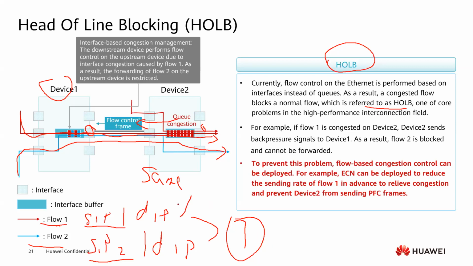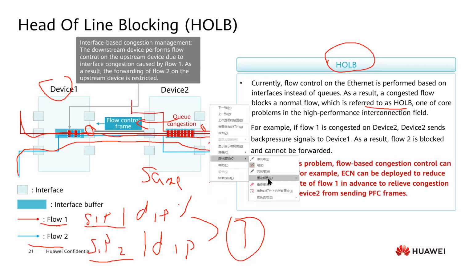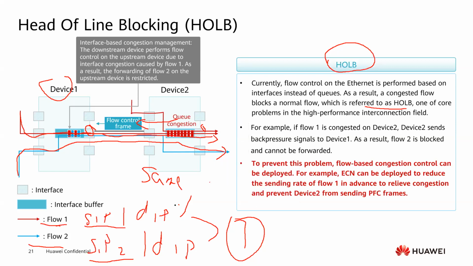It will not consider the source IP address and the destination IP address. So all the traffic of flow 1 and flow 2 will be stopped.